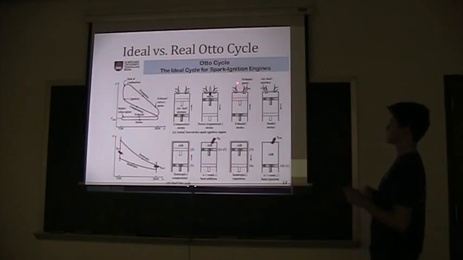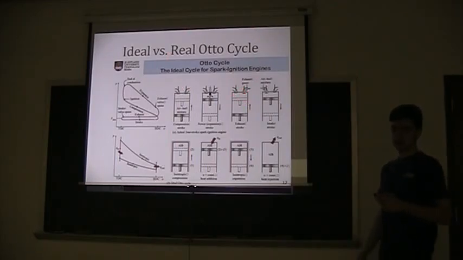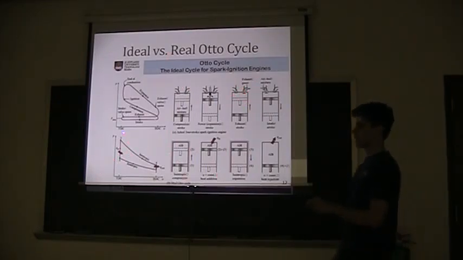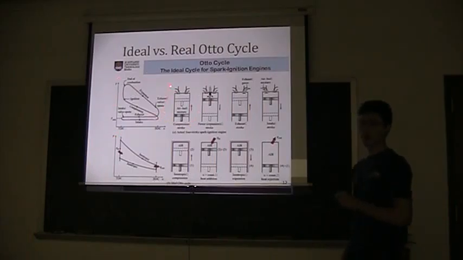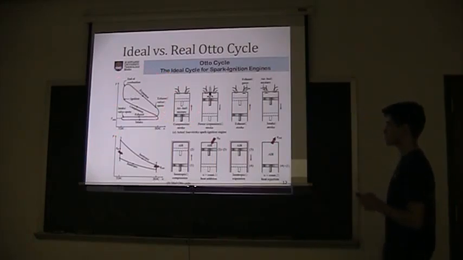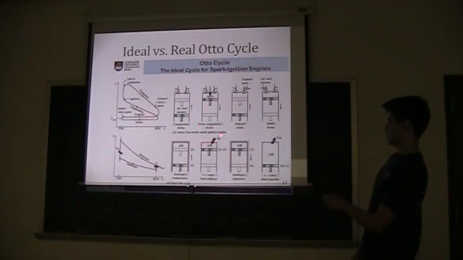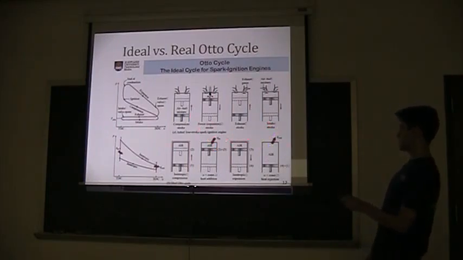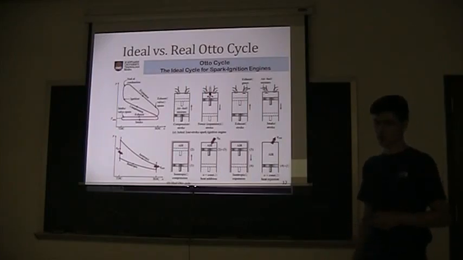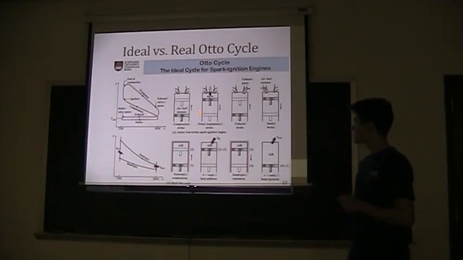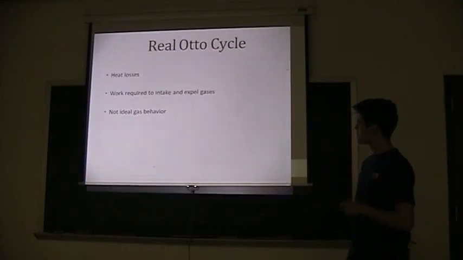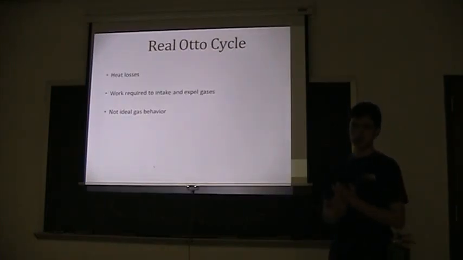So the Otto cycle, this is what the engine runs off of. On the bottom here is the ideal cycle, and on the top is our cycle. One of the major differences in the ideal cycle, you simply have heat in and heat out. That's not possible in the real world. So there's going to be a lot of inefficiencies in here, mainly due to heat losses.